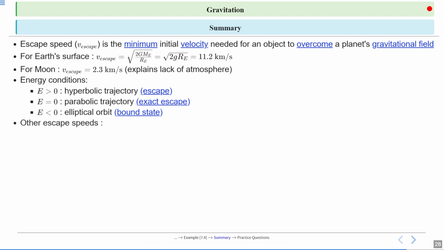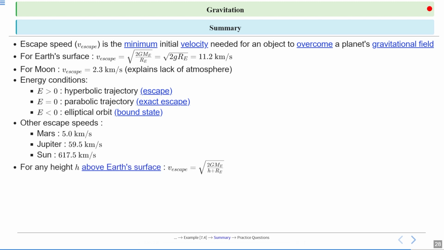Other escape speeds: for Mars it is 5 km per second, for Jupiter 59.5 km per second, for Sun 617.5 km per second, and for any height h above the Earth's surface it will be under root 2GMe divided by h plus R.